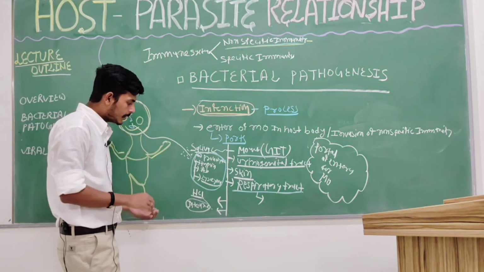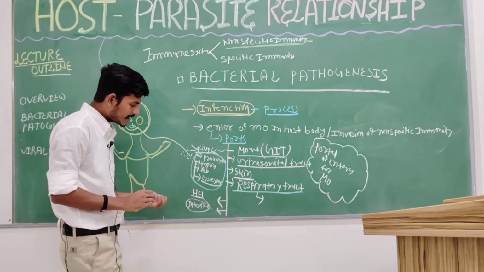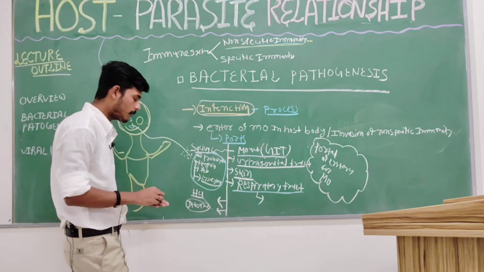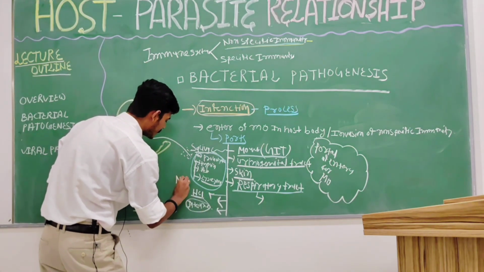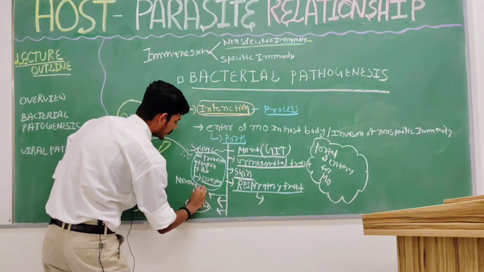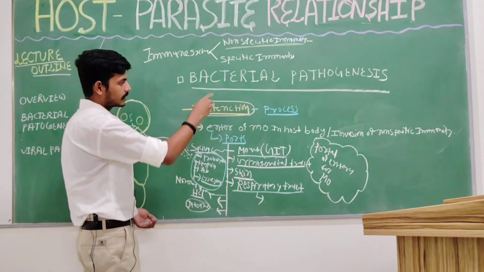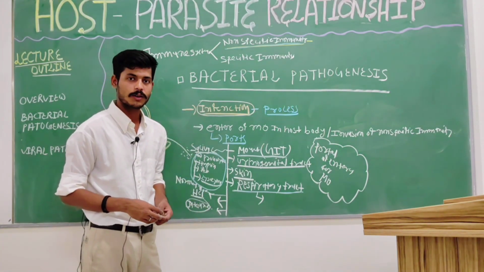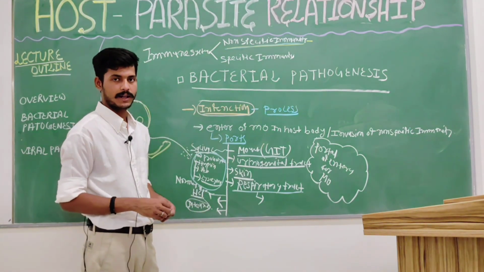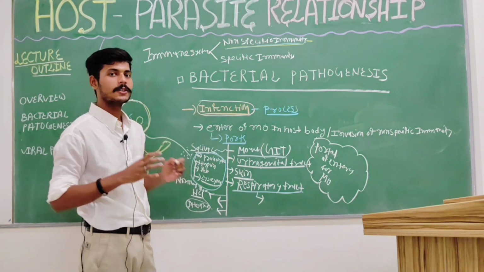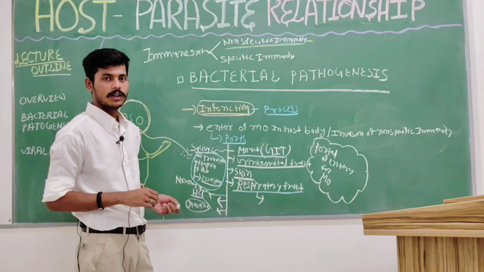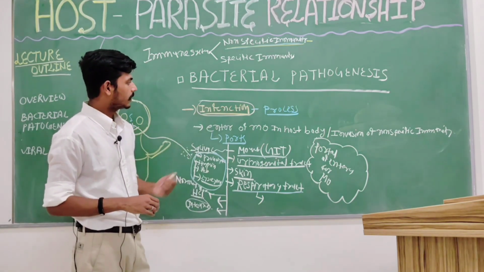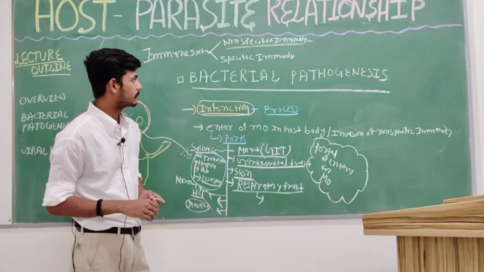Got the points? Not only that, we have also seen that we have the normal flora, isn't it? And this normal flora also fights with the external microorganisms, or foreign bacteria, in order to save their nutrition. Normal flora competes with these infectious bacteria.